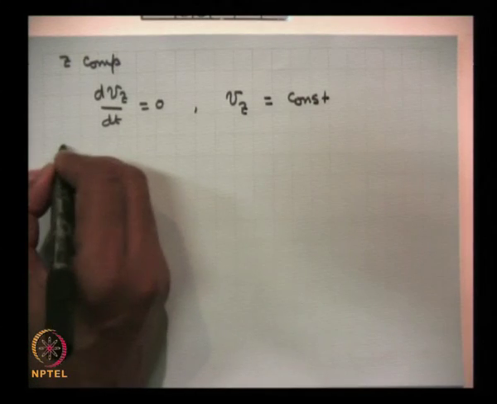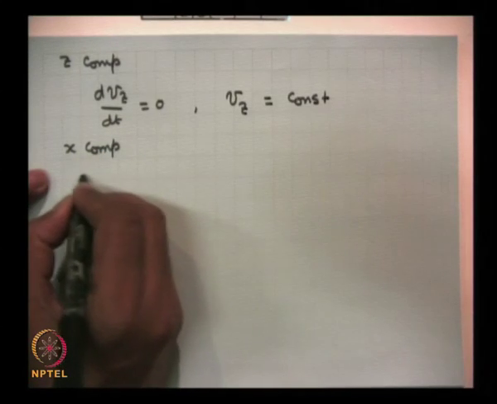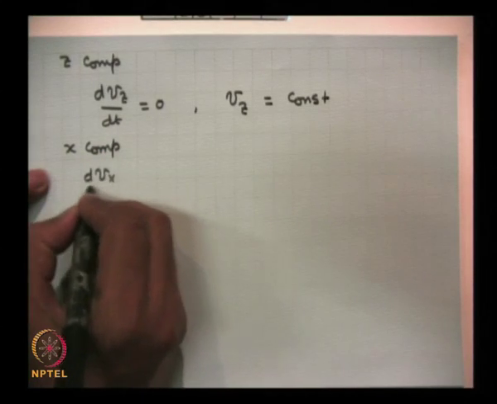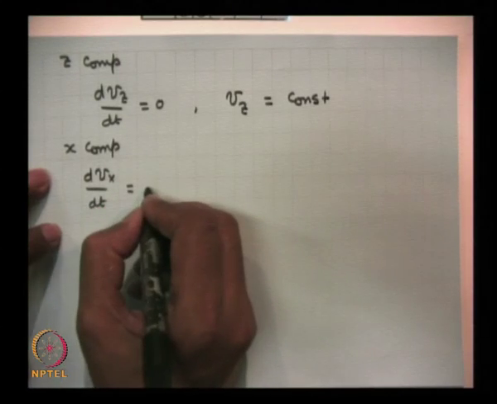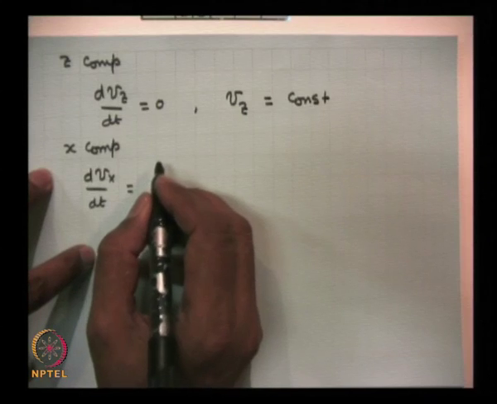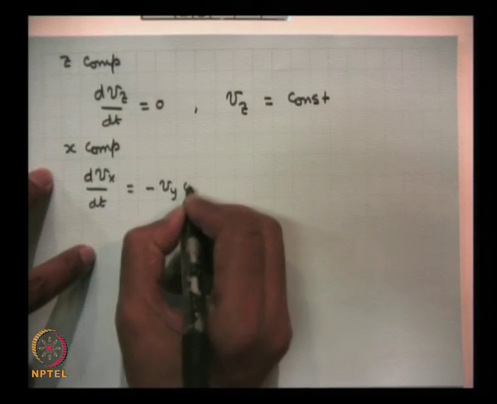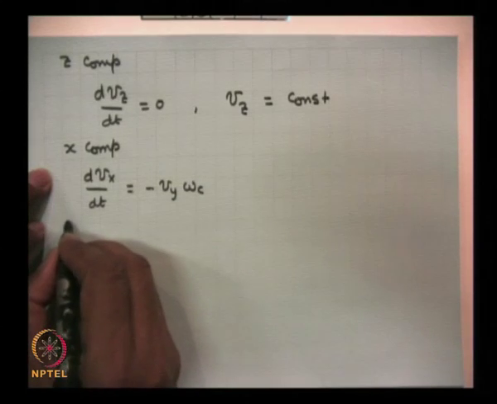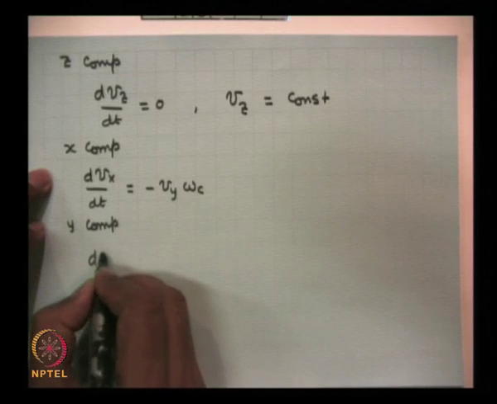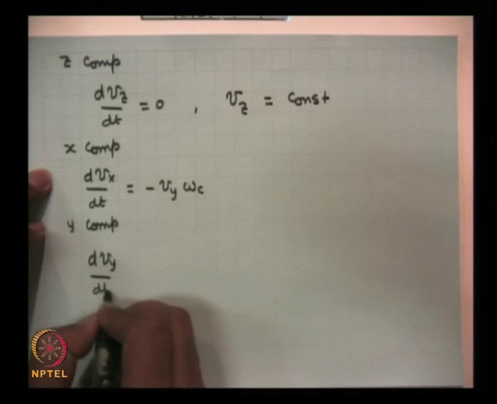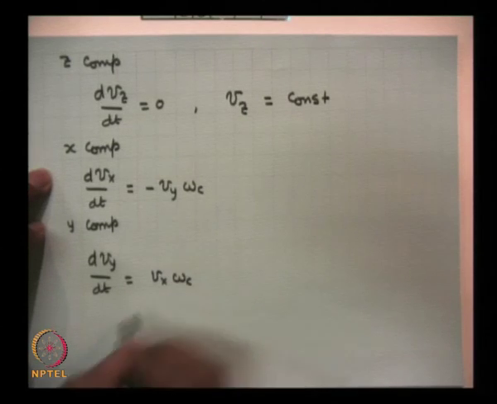Secondly, I write down the x component. That would give me dvx by dt is equal to v cross omega c. If you write down the x component, it will be minus vy omega c, and then write down the y component of the equation of motion, dvy by dt is equal to vx omega c.